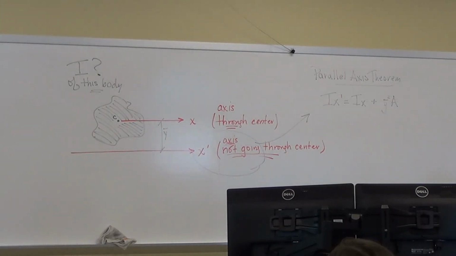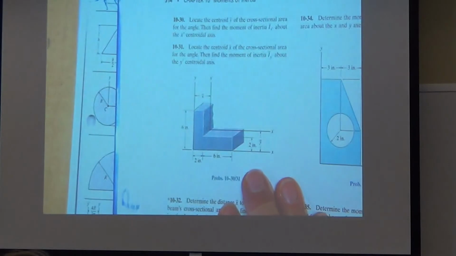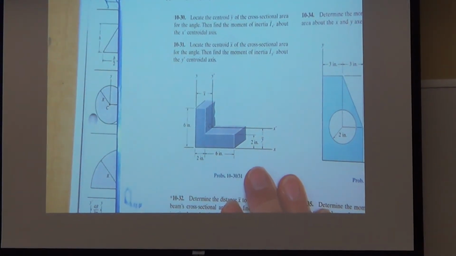Even though this is really one piece of material, we can divide it up into two. It's saying locate the centroid x bar of the cross-sectional area of the angle bracket, and then find the moment of inertia about the y prime centroidal axis.